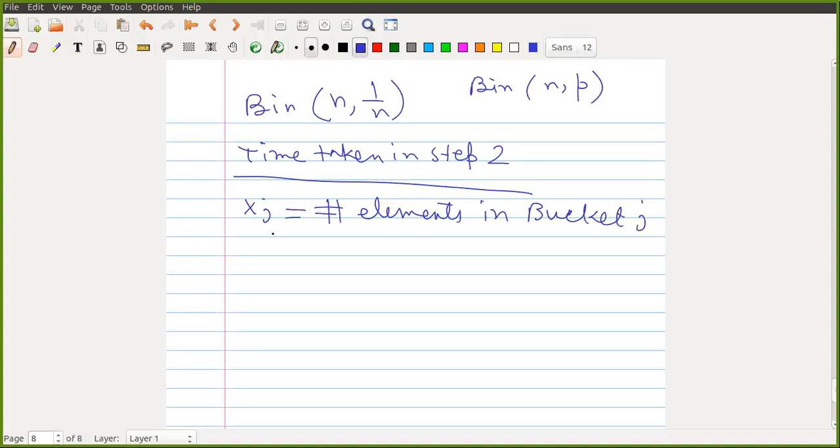In the second step, we are doing a brute force sort, like bubble sort or insertion sort. So roughly the total number of comparisons would be something like x squared, some c times x squared.